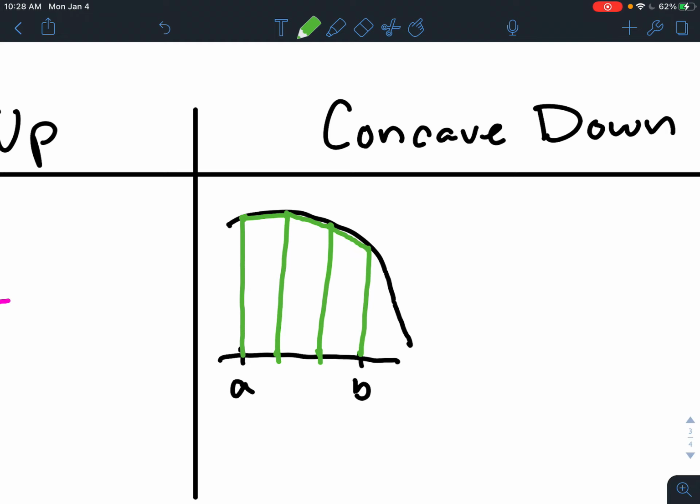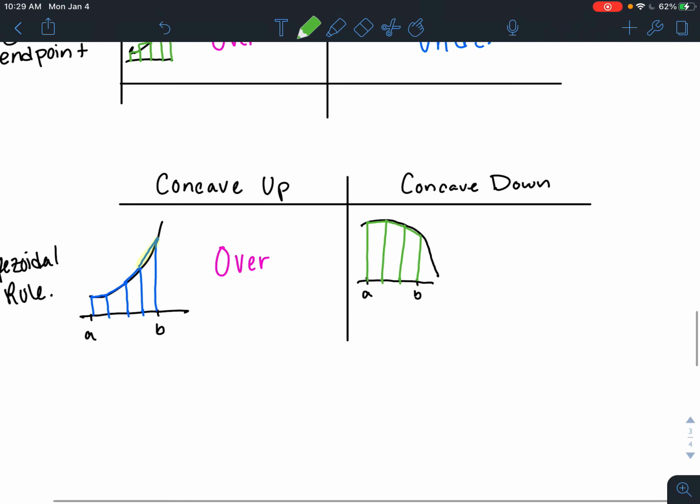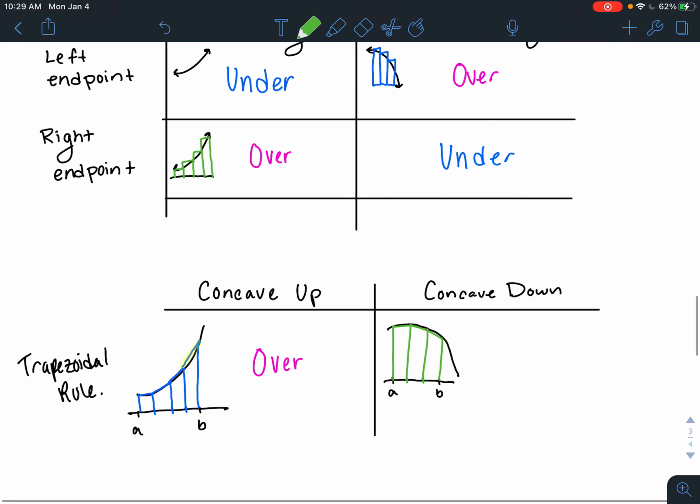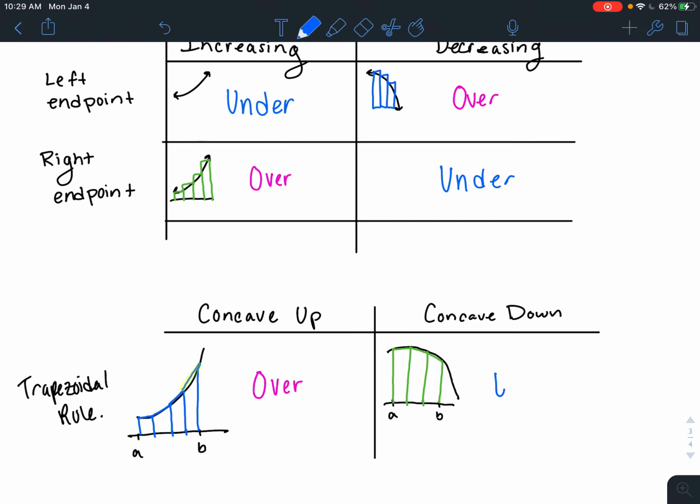But we can see as we draw our trapezoids in the further subintervals, because it's concave down, the secant line between the two points at the ends of the subintervals, that diagonal portion of our trapezoids, is going to lie below the curve. So there's going to be a little bit of a gap between the area of our trapezoids and the actual area under the curve. So if a curve is concave down, we're going to have an underestimate.